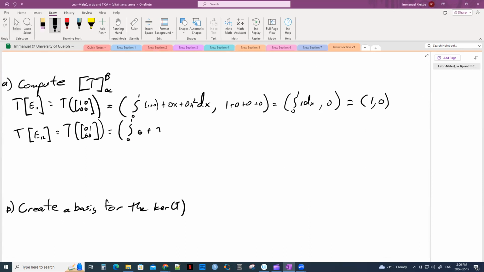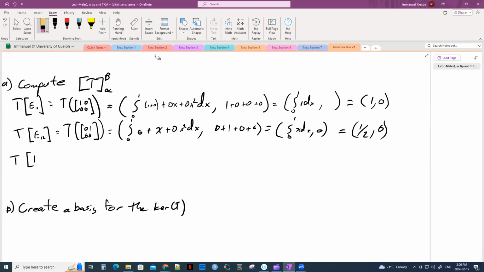So this is going to be x plus 0x squared dx, comma, 0 plus 1 plus 0 plus 0, which equals the integral from 0 to 1 of x dx, comma, which equals 1/2, 1. Oh, these aren't 0, these should be 1s.